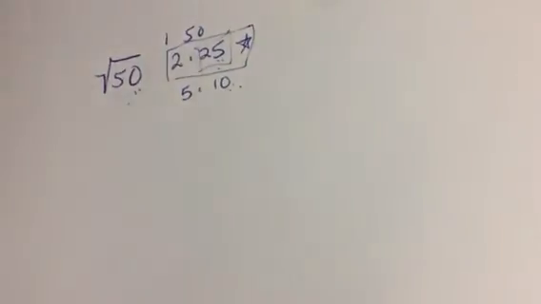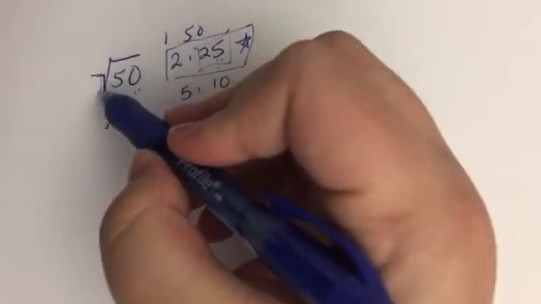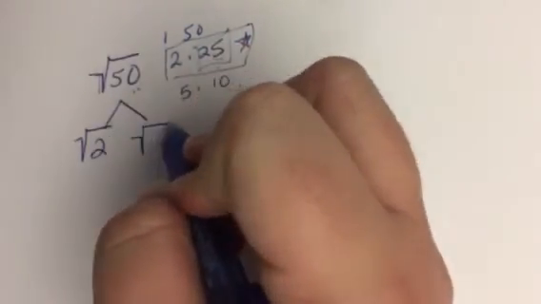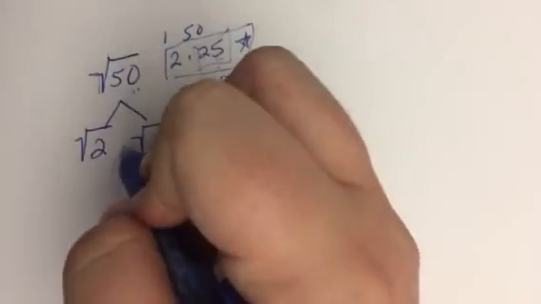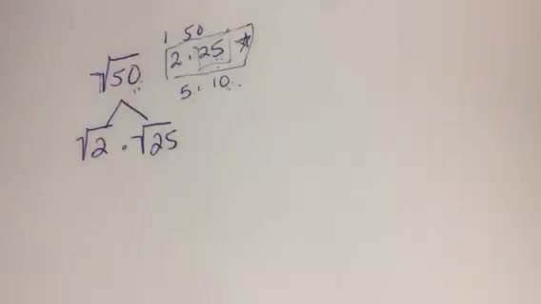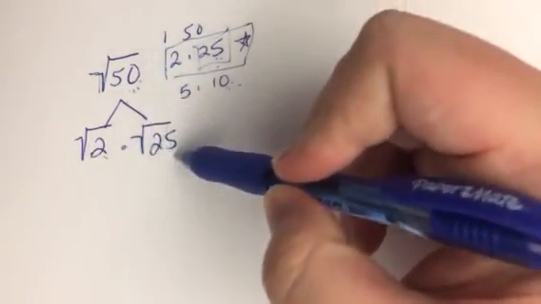All right. So our next step in simplifying this radical is to break it up into the two factors. But since it's all under a radical sign, even our factors will need to stay under a radical sign. So the square root of 50 is the same thing as the square root of 2 times the square root of 25.